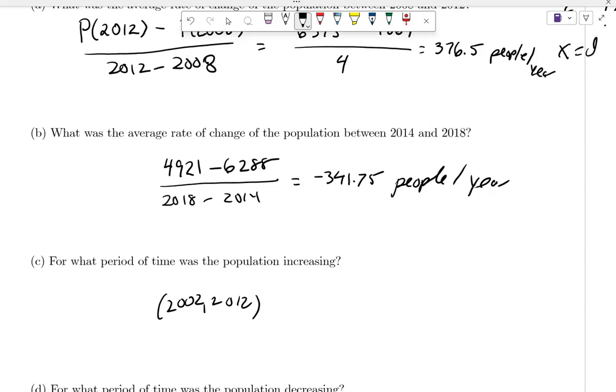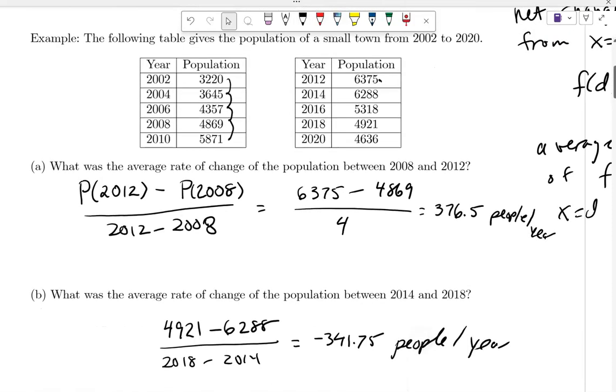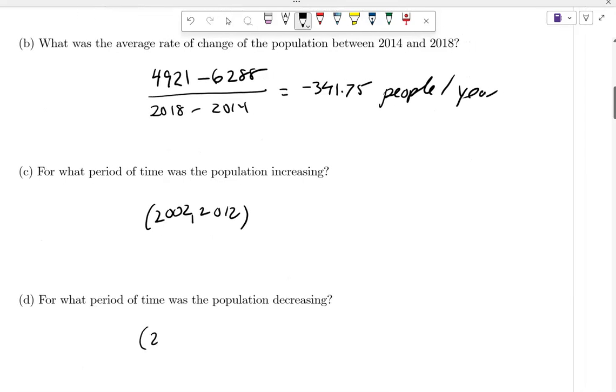Does it, and I don't think it increases again after that, does it? Okay. So what can you say about decreasing then? What does it decrease? So it actually starts in 2012, right? It goes down, yep. So we would start and do 2012 to 2020. And that's why we don't use the little bracket on there, because it turned around at 2012 and went down.